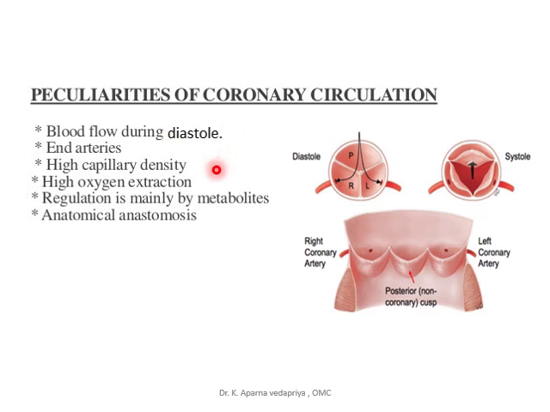And the capillaries of the coronary arteries have very high density and very high oxygen extraction as well, because they arise from the ascending aorta where the oxygenated blood is just pumped to the systemic circulation.